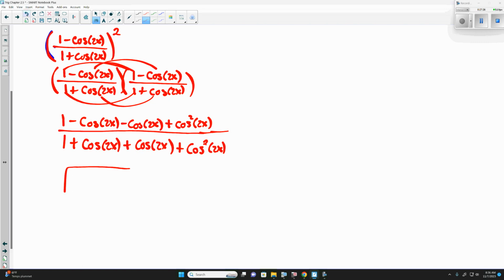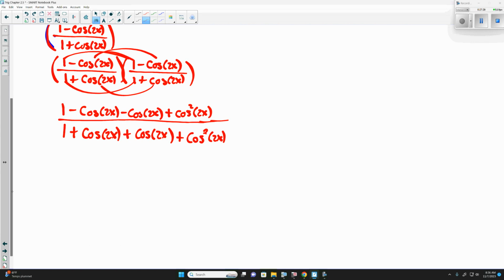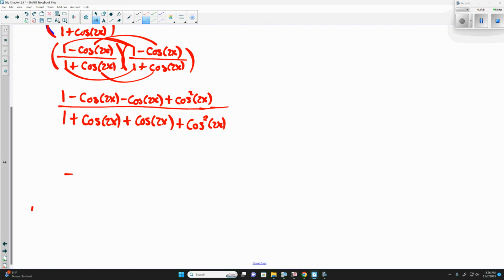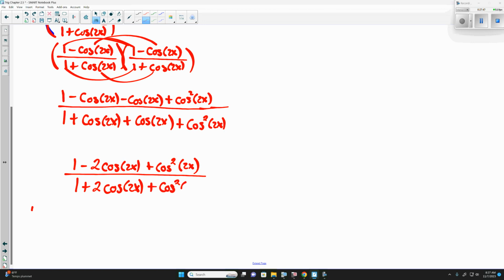Now we can combine like terms, so we have 1 minus 2 cosine of 2x plus cosine squared of 2x. And on the bottom, we have 1 plus 2 cosine of 2x plus cosine squared of 2x.